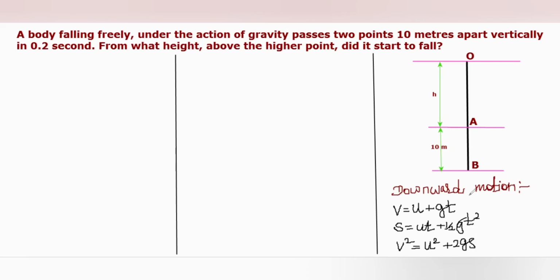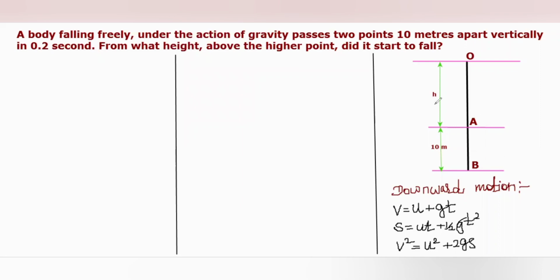Among these three equations, as per the given data and the factors required to find in this numerical, we can utilize the equations for our calculation.